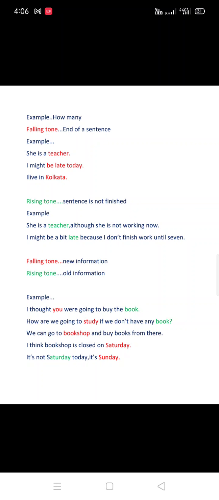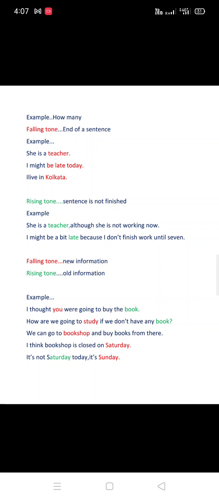And if you are using an idea or information for the first time, then it is new. Okay. And when we suggest new information or new ideas, we should use falling tone. And when we suggest old information or old ideas, we should use rising tone. Here you can see an example of a conversation.